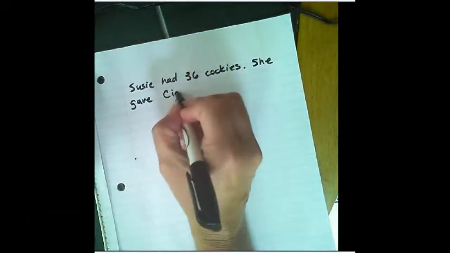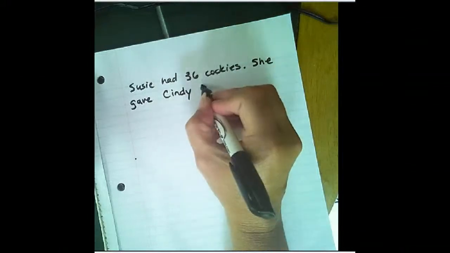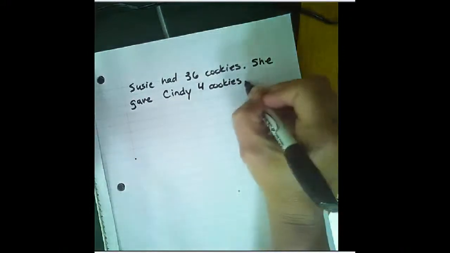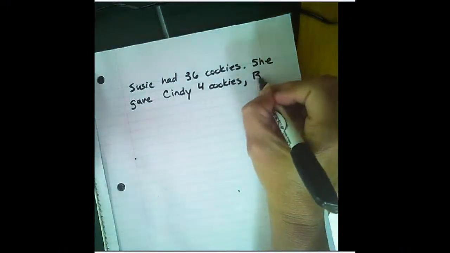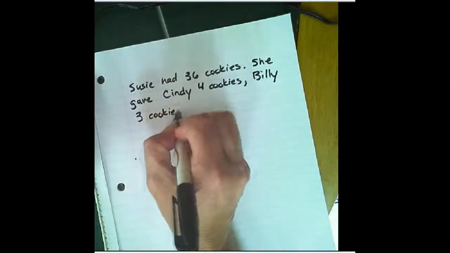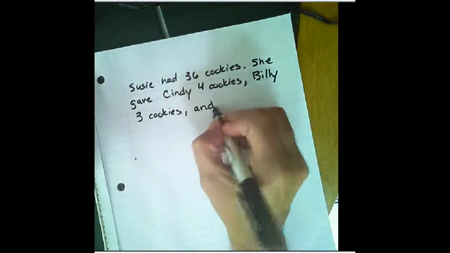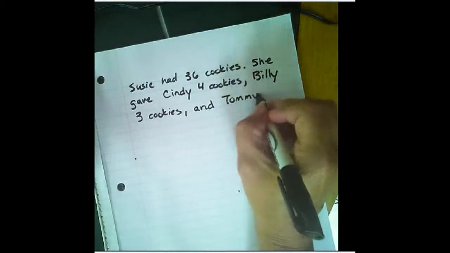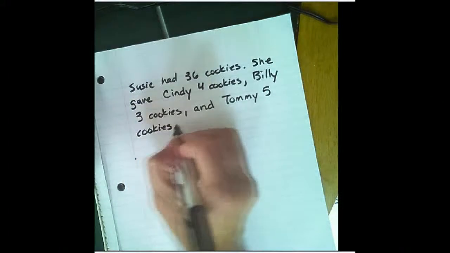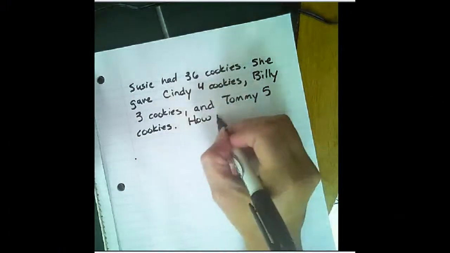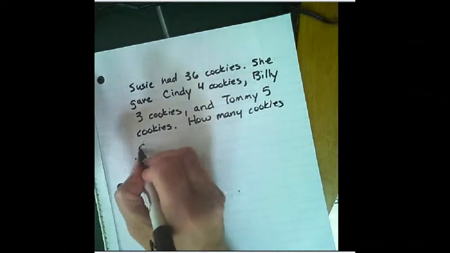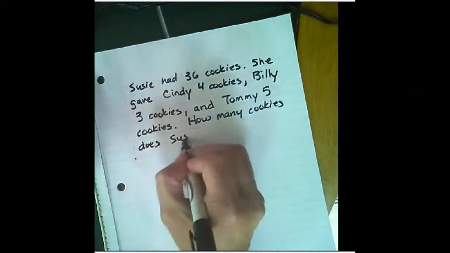She gave Cindy 4 cookies, Billy 3 cookies, and Tommy 5 cookies. How many cookies does Susie have left?